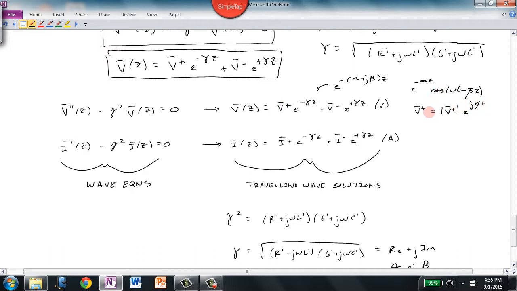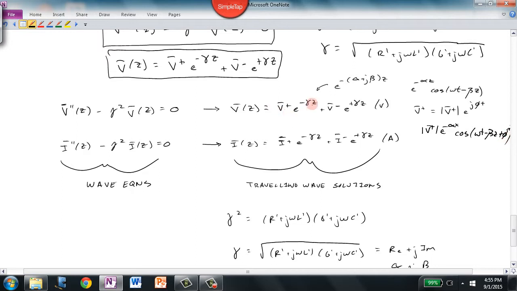And so if we were to combine those, it's going to be the magnitude of V bar plus times e to the minus alpha z cosine of omega t minus beta z plus phi plus.